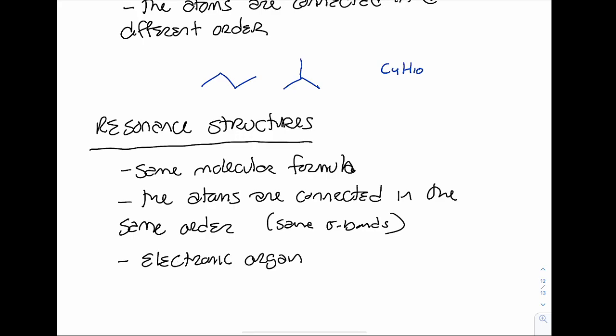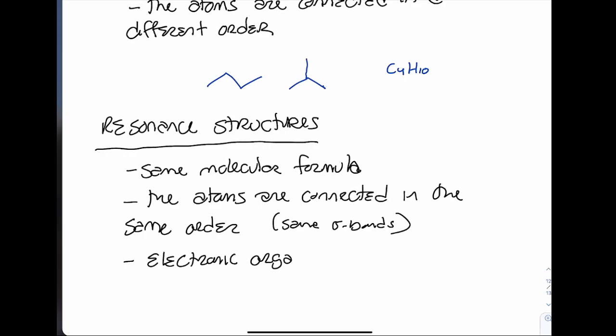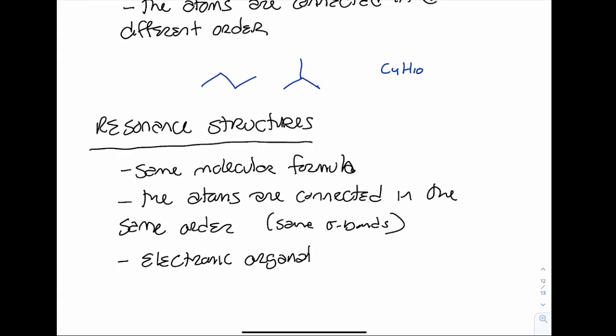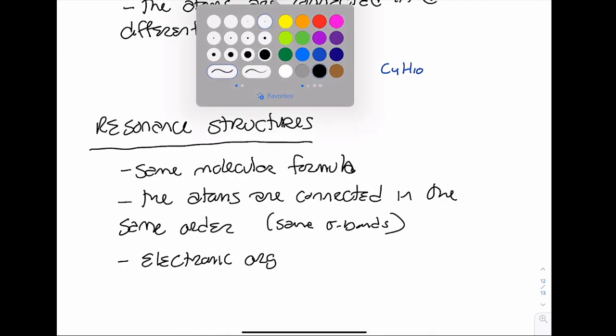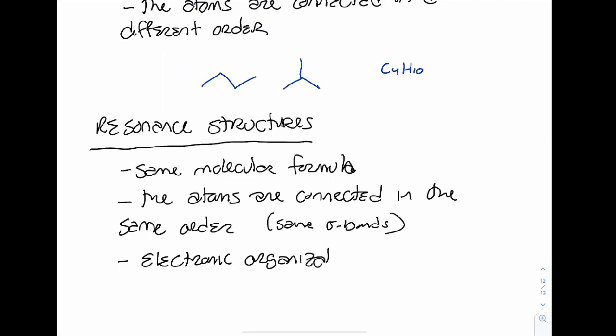Since my sigma bonds aren't changing, but yet my electrons are arranged differently, that means that anything that's not in a sigma bond can be arranged differently. So that leaves me pi electrons, right? Double and triple bonding electrons, and then also lone pairs. So my electronic organization is different, right?